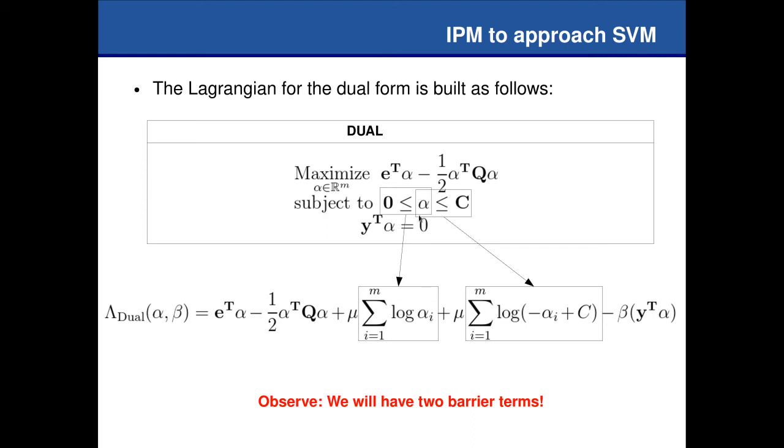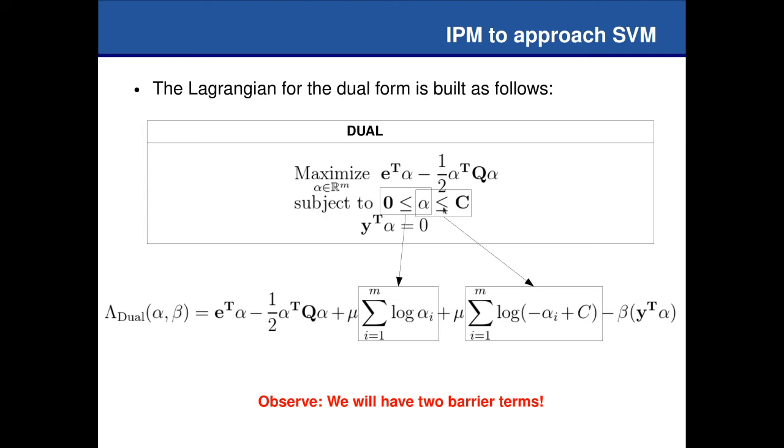On the other side, wow, A must be smaller than or equal to c. What I should do at this point? I can bring this alpha to this side and make 0 smaller than or equal to c minus alpha, because I have the barriers always defined in terms of 0.